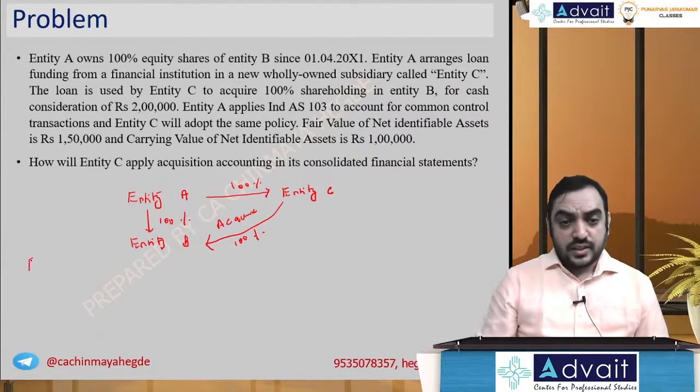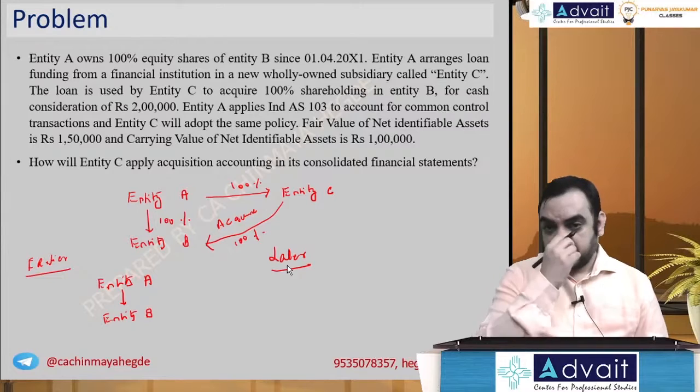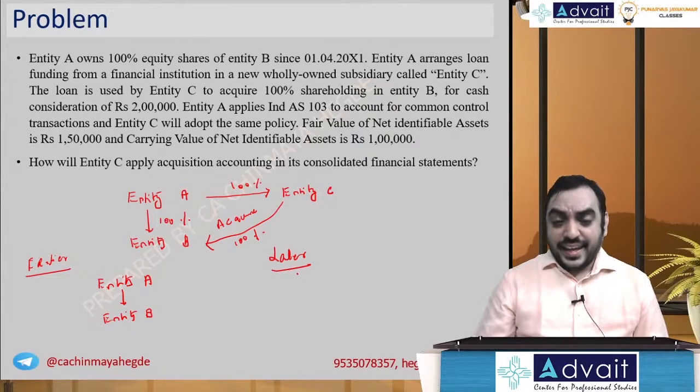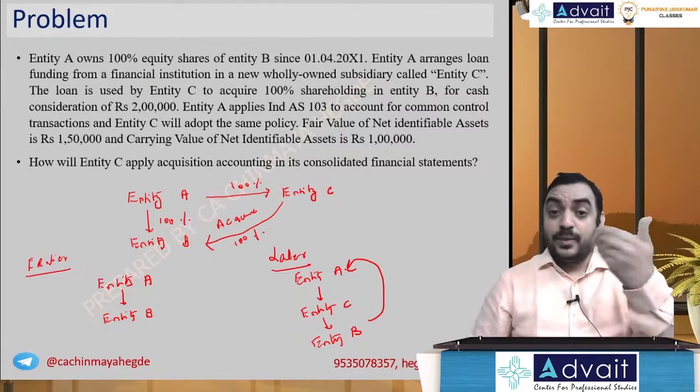Understand, right? Earlier entity A was controlling entity B. So you are under entity A. Now later, after acquisition, entity A will control entity C, and entity C will control entity B. So effectively you are still under the control of entity A, the ultimate controller.